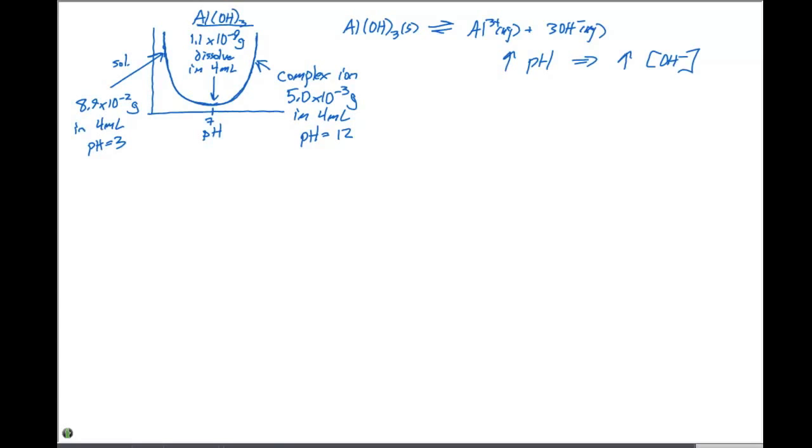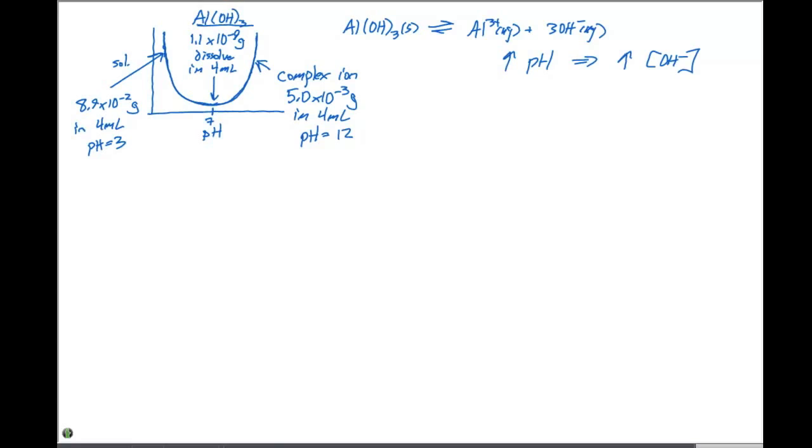So we can see that the solubility is going to be drastically influenced by our pH. And this type of a graph right here is something that you will see, and it's a classic case for an amphoteric cation in solution.